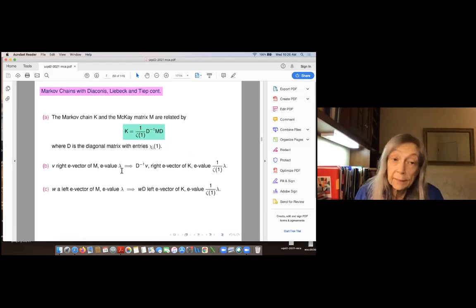And if you take a left eigenvector of M with eigenvalue λ, then WD is a left eigenvector of K with eigenvalue 1 over ζ(1), the dimension of the module corresponding to ζ, times λ. So everything is connected. If I'm doing probability, I want to know eigenvectors and eigenvalues, and they're just related to this McKay matrix.